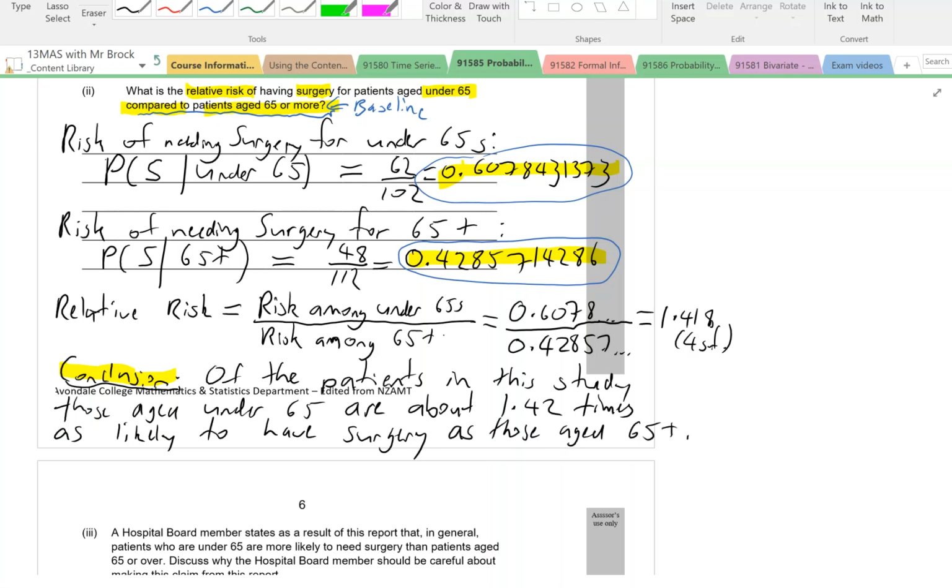Okay? And so the general structure of that sentence is one you can always use with a relative risk question. Always make it clear for a start which group you're applying your findings to, and the safe way is that unless it's a large random sample from a known group, you can really only apply the findings to this particular group. So of the patients in the study, those who are under 65 are about 1.42 times as likely to have surgery as those aged 65 plus.